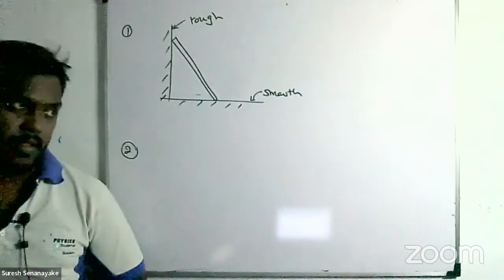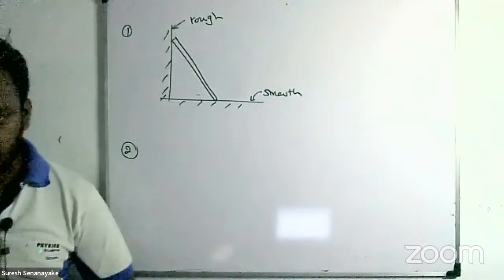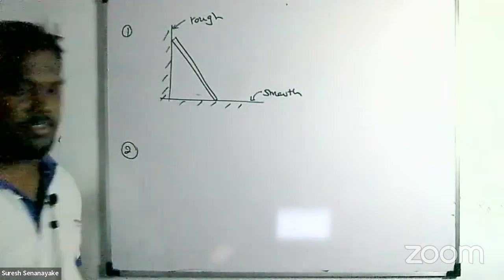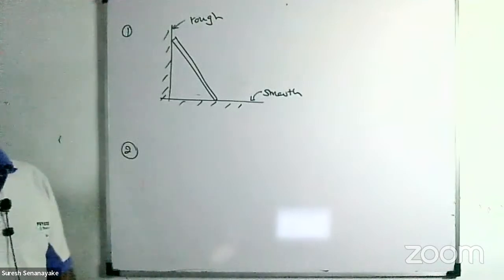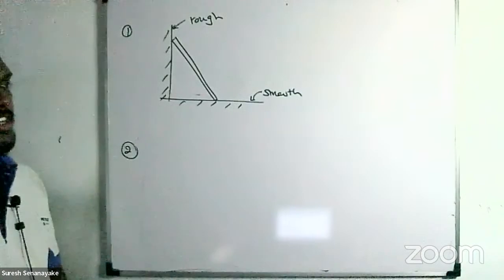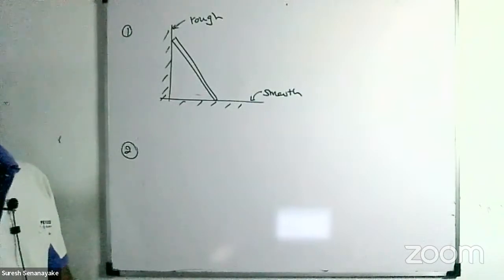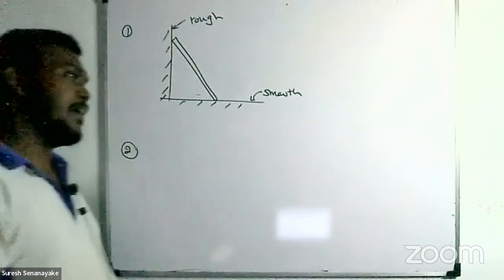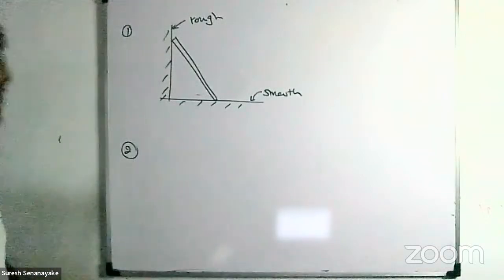Okay, the string is pulled back as it makes an angle of 60 degrees with the horizontal.